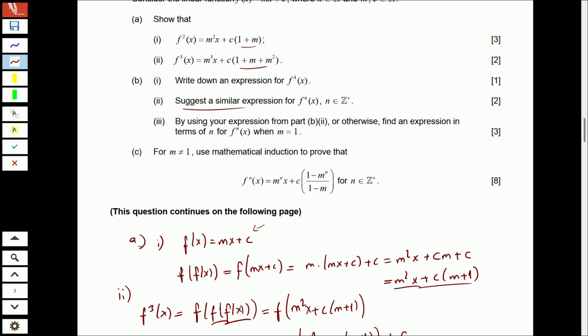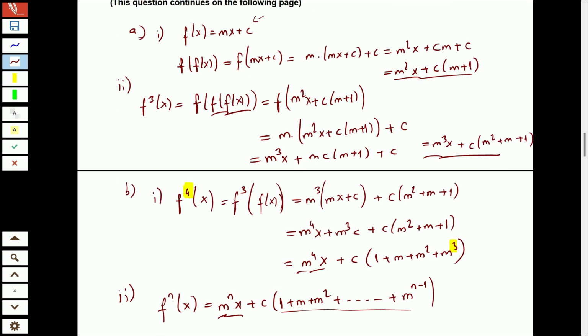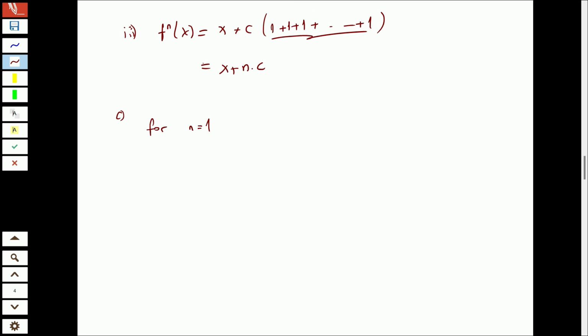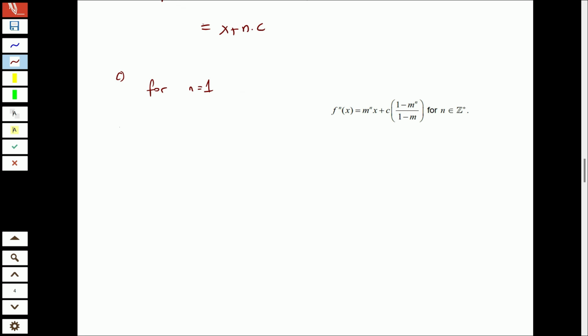Next question: for m not equal to 1, use mathematical induction to prove the formula for the n-th composition of the function. Let's remember mathematical induction. For n = 1, the statement is f(x) = mx + c(1 − m)/(1 − m) = mx + c, which is correct.